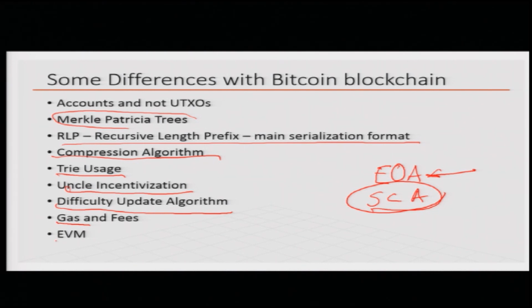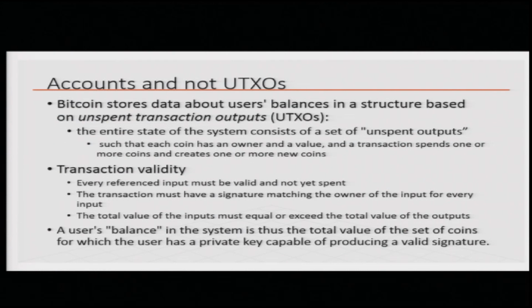Ethereum also has the notion of the EVM, which runs Turing complete bytecode, which of course is one of the major differences. Something to be said about this notion of accounts versus UTXOs. Bitcoin stores users' balances in a structure based on unspent transaction outputs, or UTXOs.